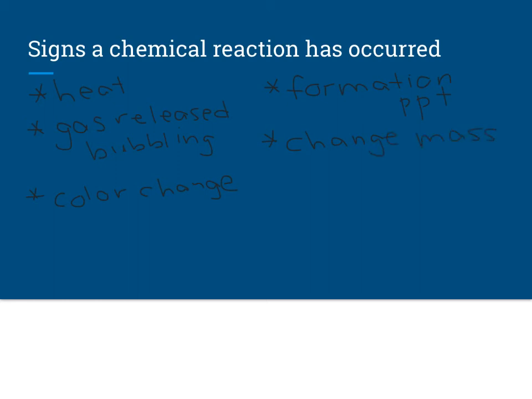If something gains or loses mass, that could indicate that another product has been formed and we have a chemical reaction occurring. And the last one is going to be burning. When something is burning, we know for a fact a chemical reaction has occurred and we have altered the chemical composition of that substance.